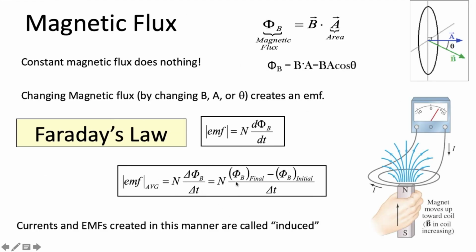And so here's a proper way to calculate EMF. This is a general formula: change in flux versus change in time, basically. We can rewrite that as N times the final flux minus the initial flux, divided by delta t.